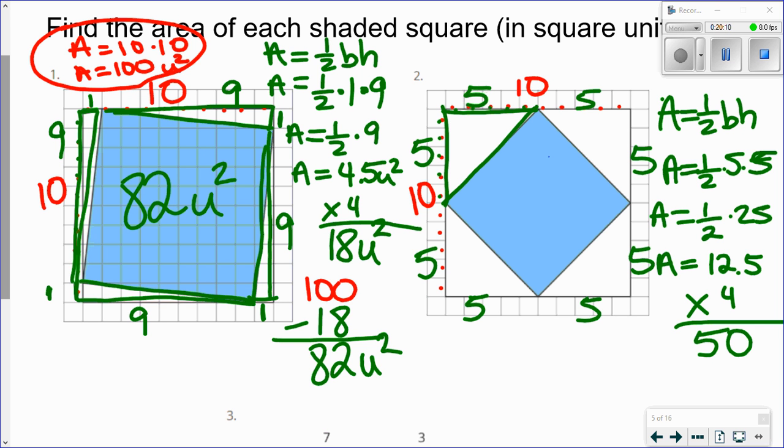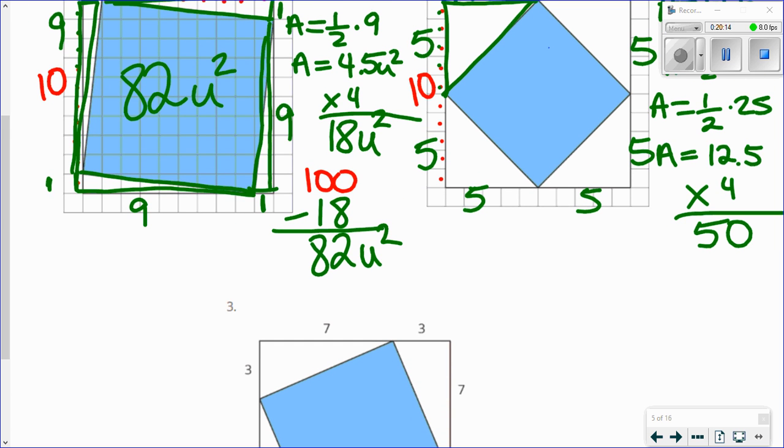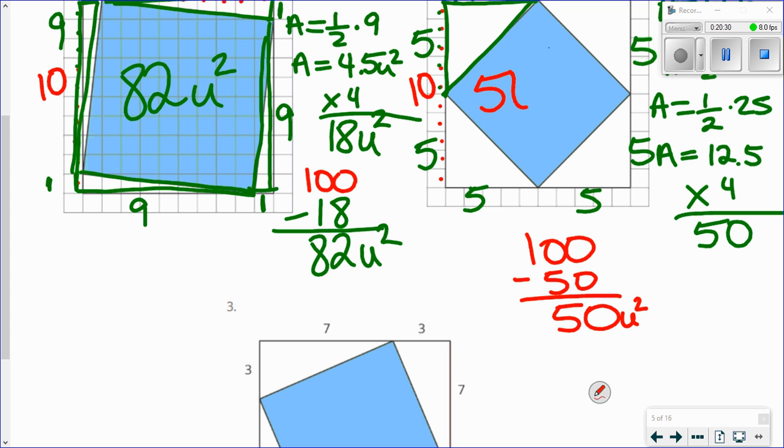So here I go. I'm going to take the entire figure, which was 100, right, our 10 by 10 square, and I'm going to subtract our 50 square units of negative space from it to get 50 square units for our blue space. So this blue region contains a space of 50 square units.